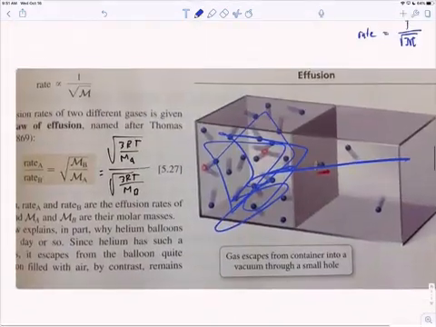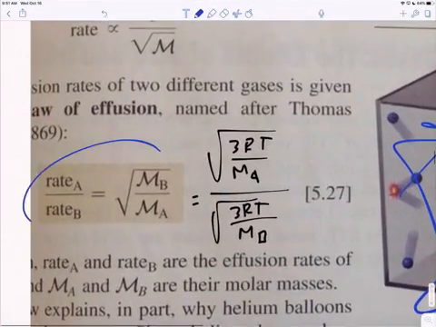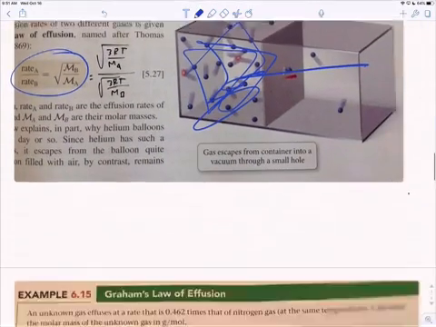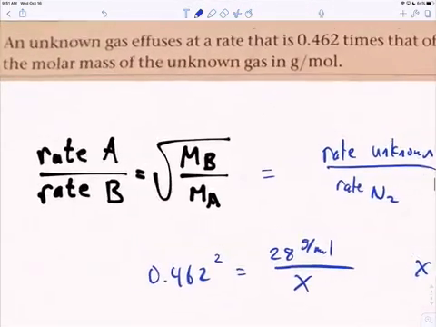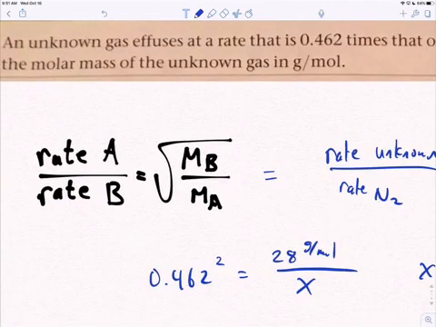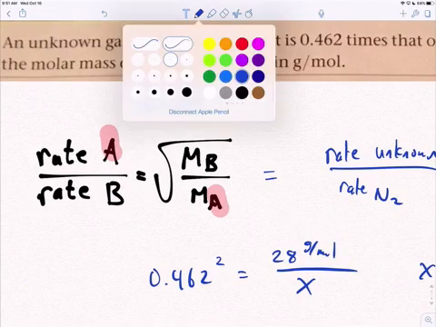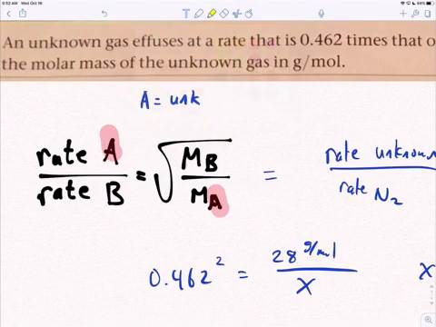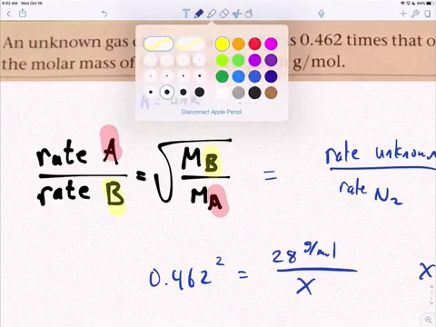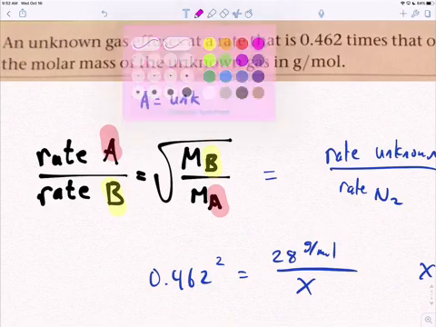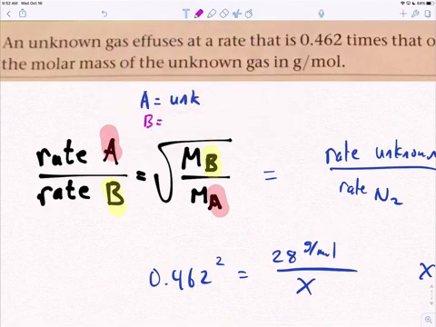So we just found rate of A, and our A is our unknown, and B is nitrogen.